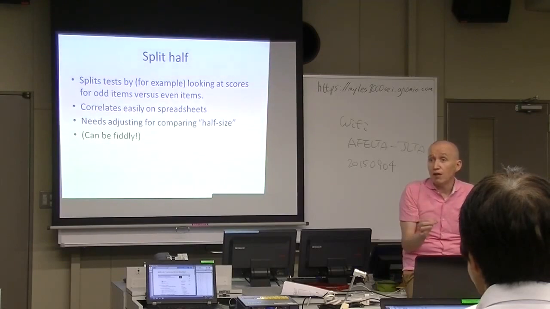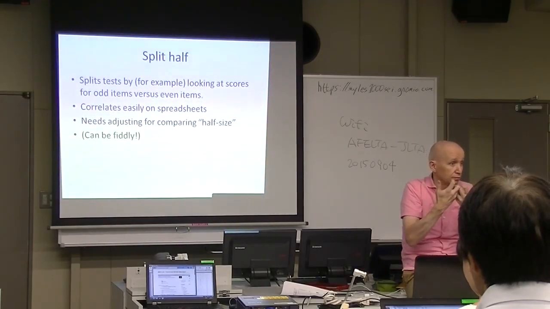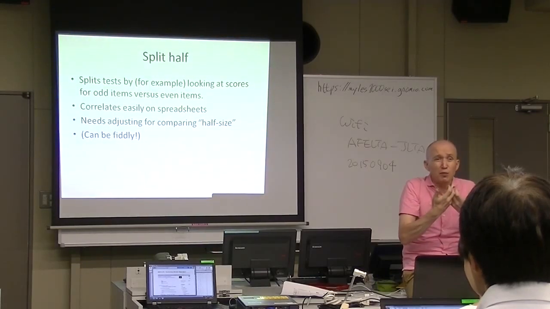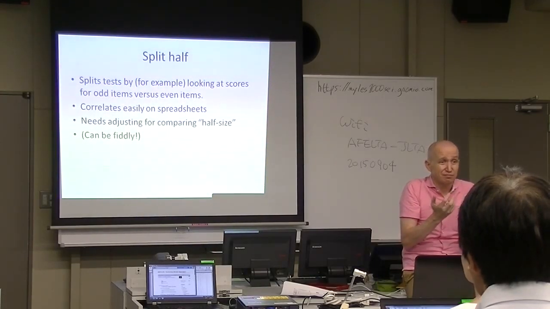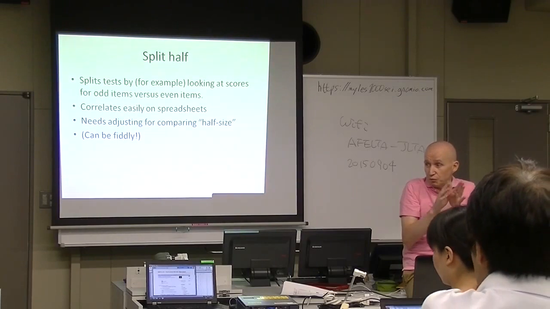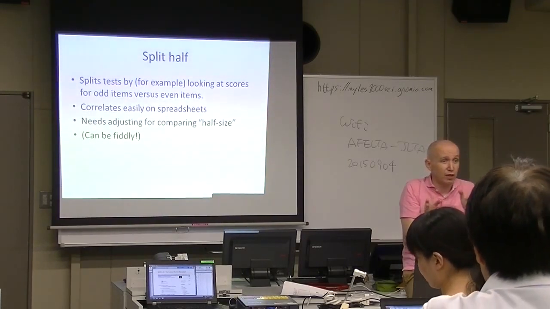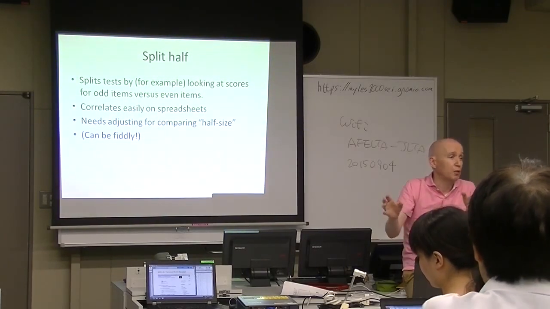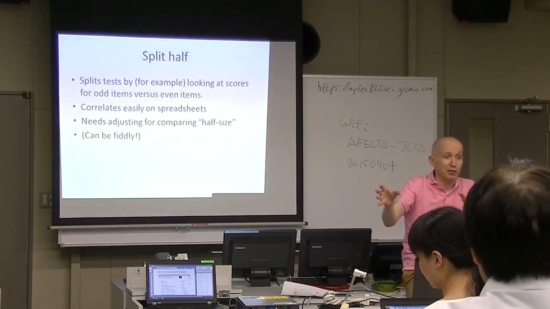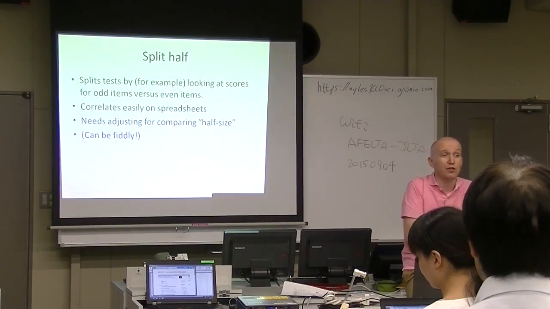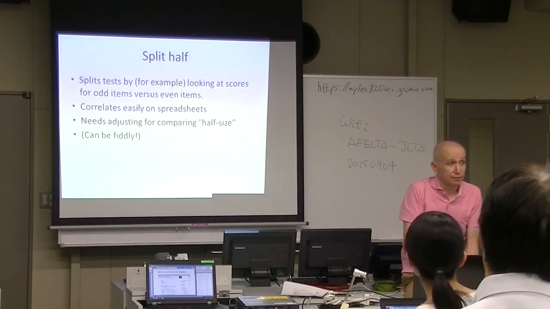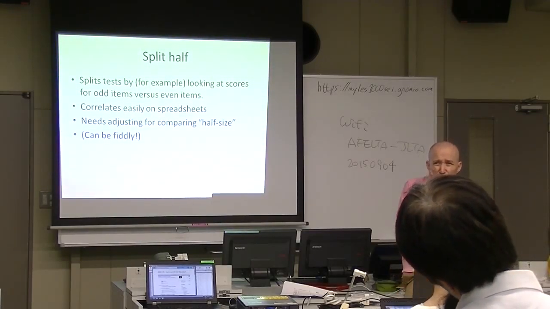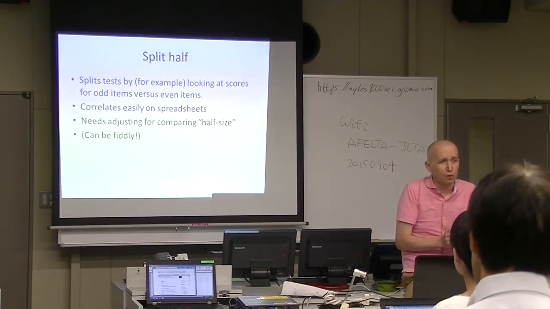And we see how well they correlate, how well they match. Now there will be some variance. Some people will get a higher score on odd numbers. Some people will get higher scores on even numbers.